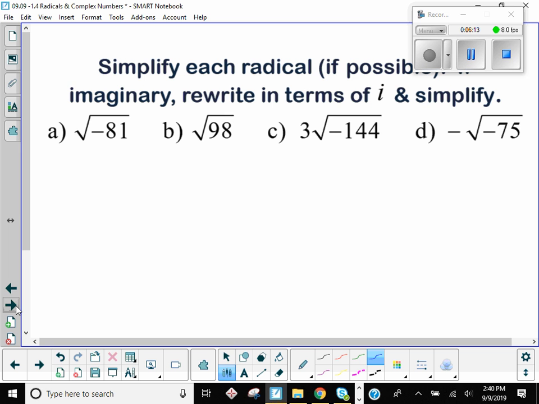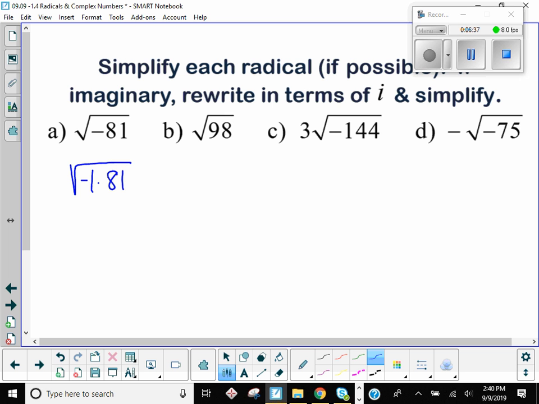So we've got this first set of examples. A is the square root of negative 81. I like to think about that as two different numbers under there: negative 1 times 81. I'm going to take the square root of those separately. What did we just say that we're going to use for the square root of negative 1? i.